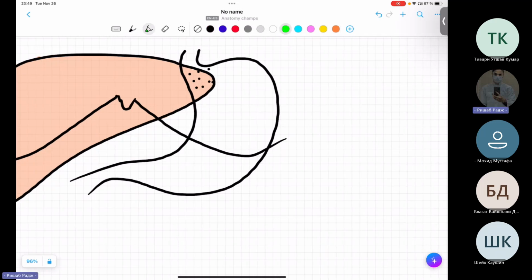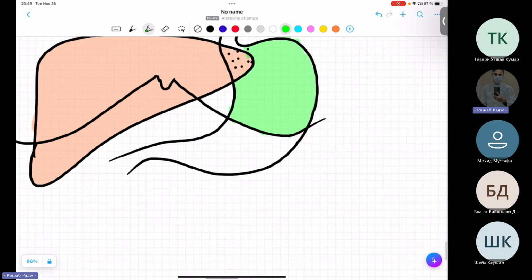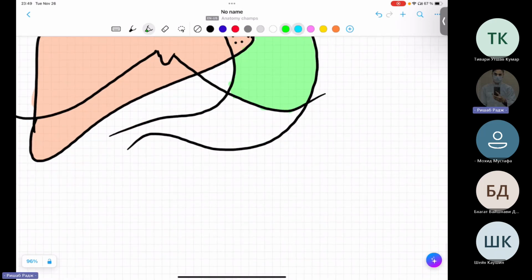This entire part that you see, the rest of it will be covered by what? Diaphragm. So your fundus and the anterior surface of your stomach, most of the part will be covered by your diaphragm. Then the part that you see here, this will be in close relation with the anterior abdominal wall.